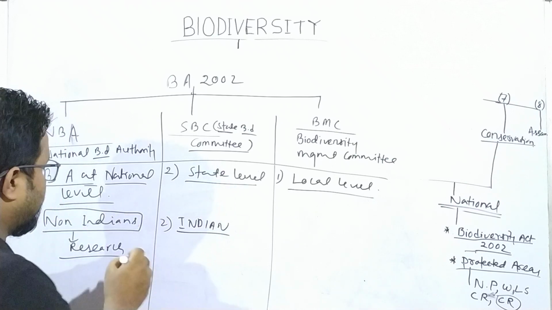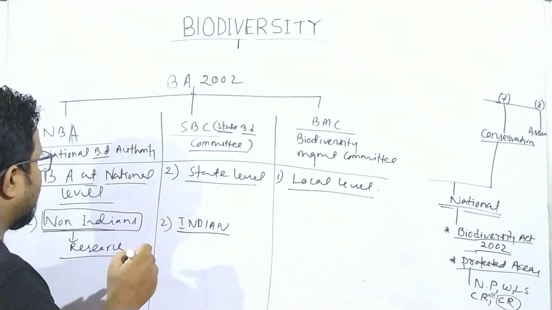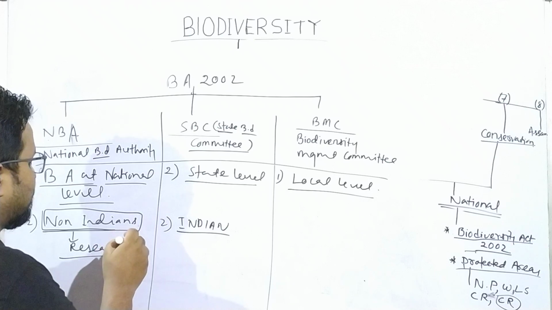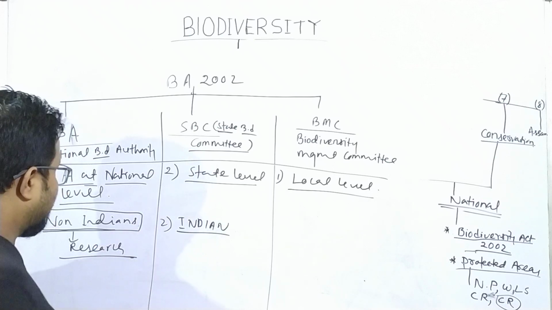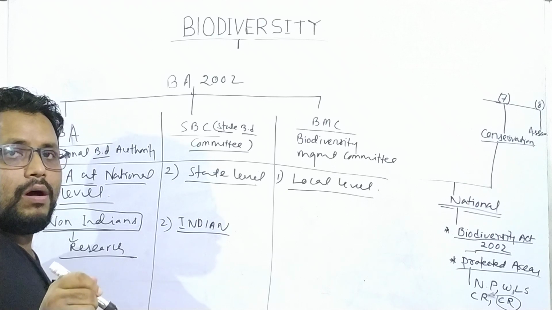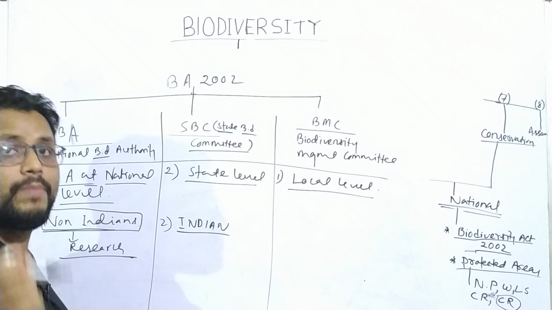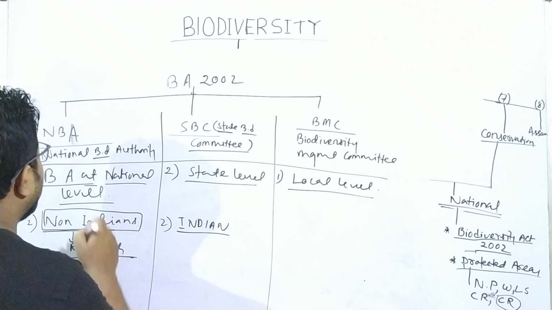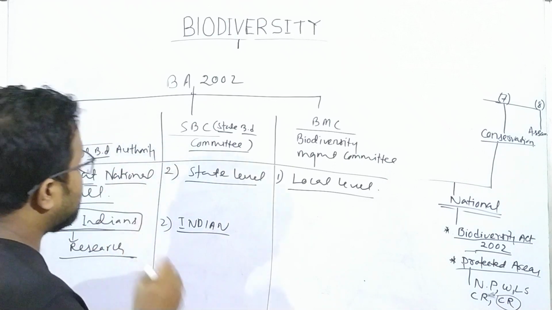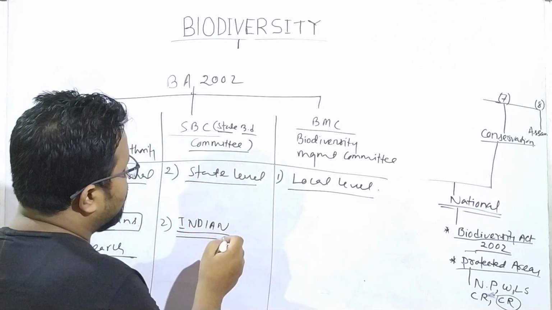That means if the person is not Indian, from a foreign country, and wants to do research on Indian resources or Indian biodiversity, then he has to take prior permission from the National Biodiversity Authority. If he is Indian, then he can take the prior permission from what?